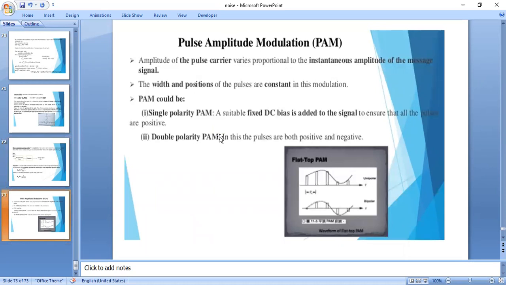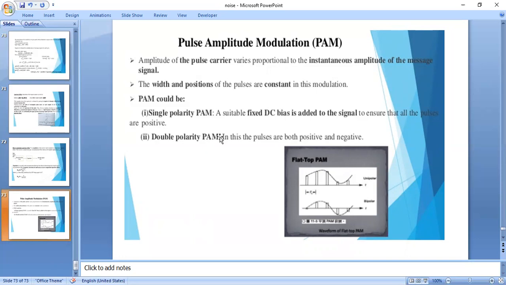Okay. And in pulse modulation, we have different types of classifications. Those are pulse amplitude modulation, pulse width modulation, and pulse position modulation. In pulse amplitude modulation, we have again two types: single polarity PAM and double polarity PAM.